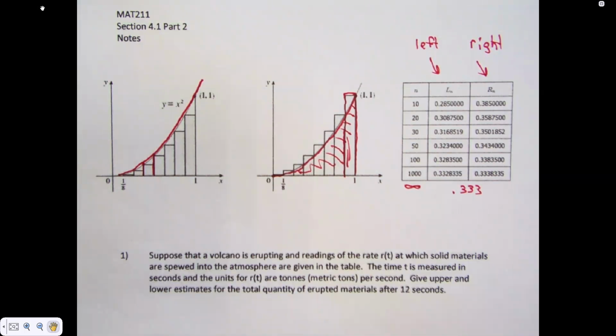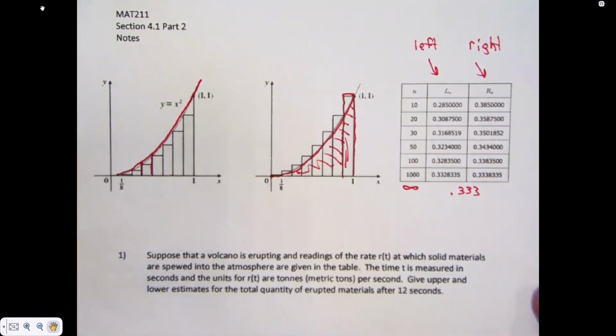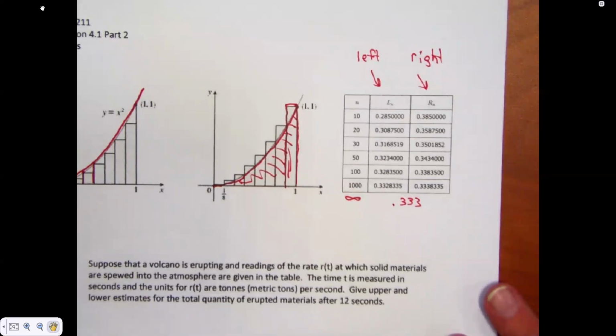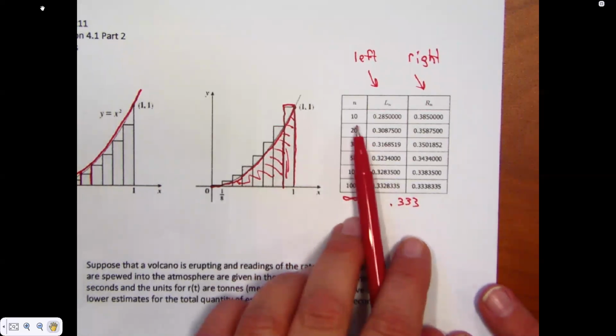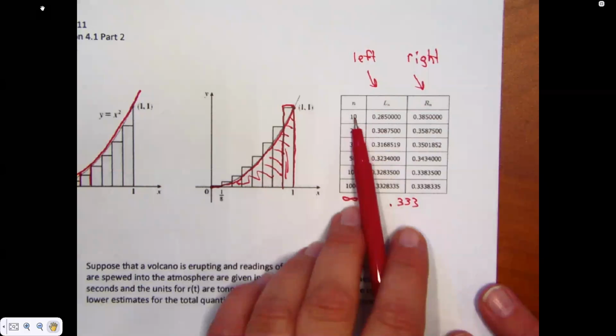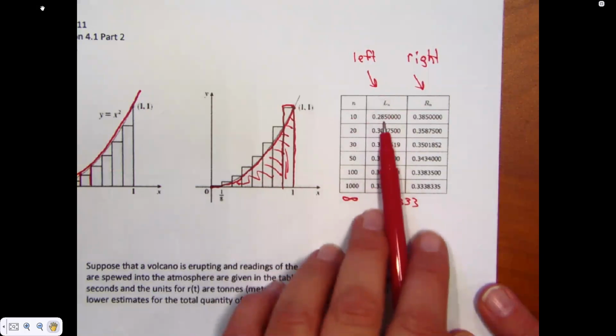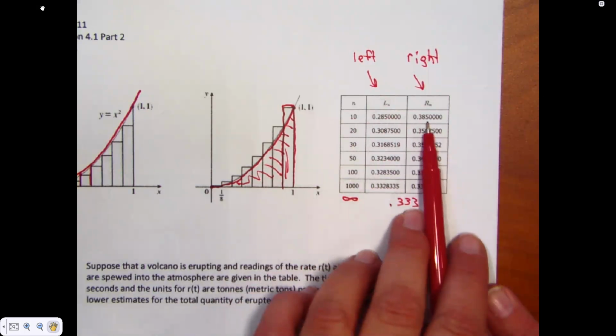Remember, it all started out by finding, it might be nice to kind of tie it all back in, area of these rectangles under the curve. And this chart is actually kind of nice because they did it for, they had a computer, the book talks about 10 rectangles, remember, from the left endpoint and the right endpoint.